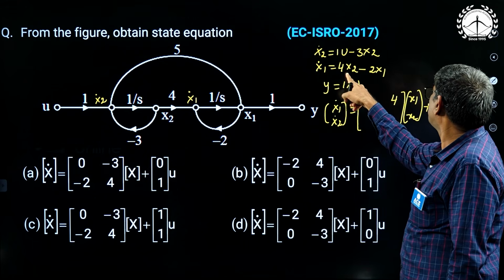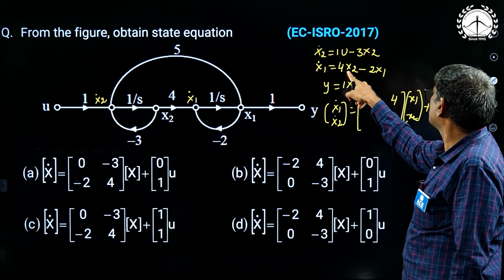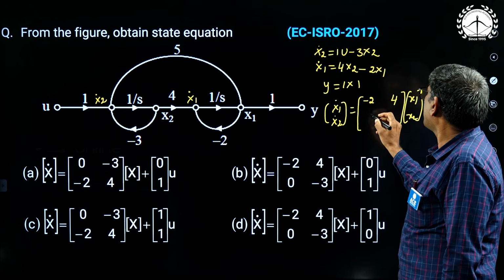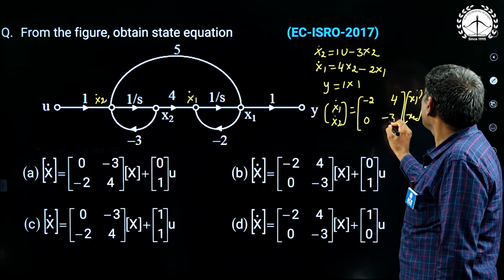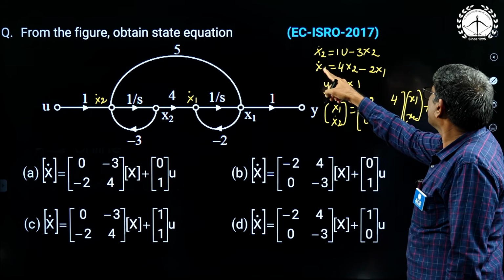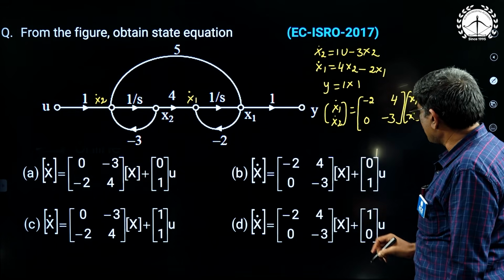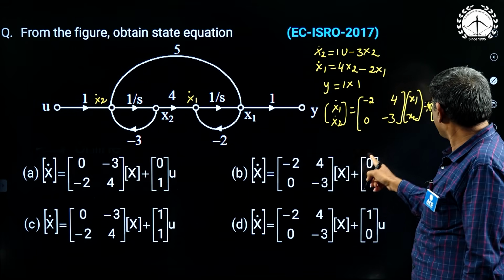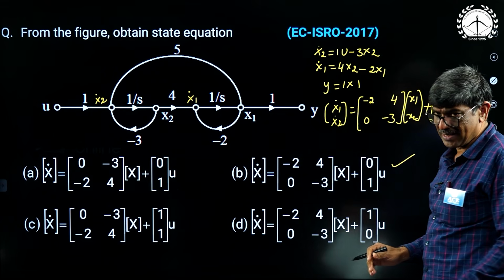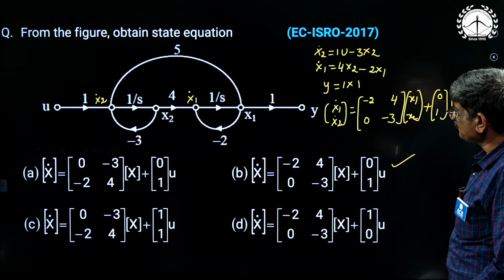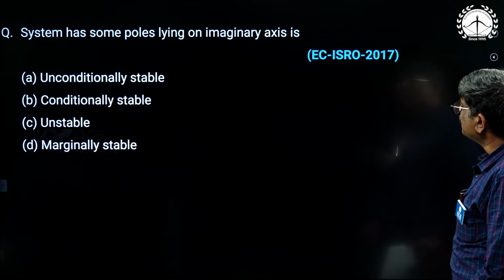Here x1 dot has 4 x2 minus 2 x1, and x2 dot has only x2 with minus 3, with input 1. x1 dot is not related with the input. So the answer is: minus 2, 4, 0, minus 3, and 0, 1. That means answer B is correct. Next one.